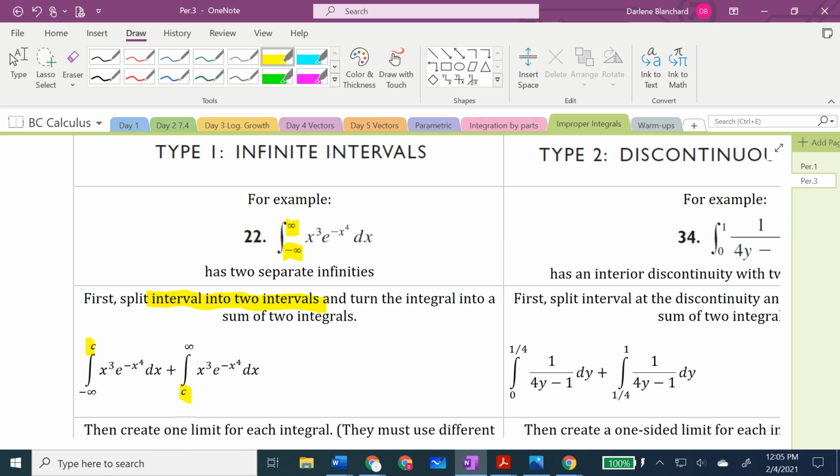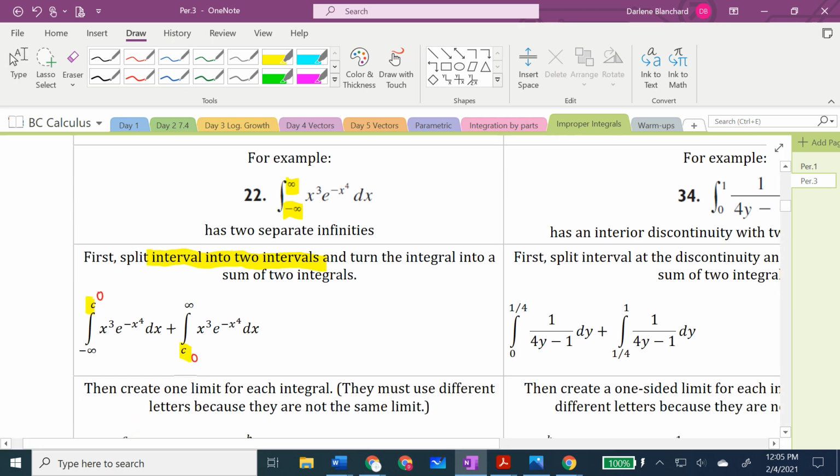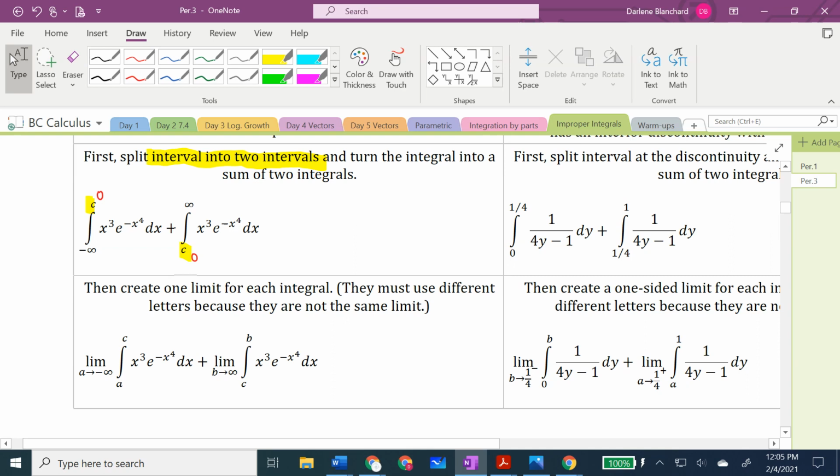Yep, 0. 0 is definitely the number of choice. It doesn't have to be 0 though, but that's typically what we will choose. Once you do split that up into two separate integrals, then you're ready to write two separate limits.